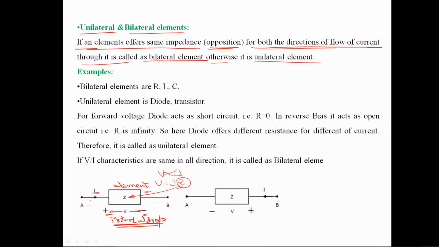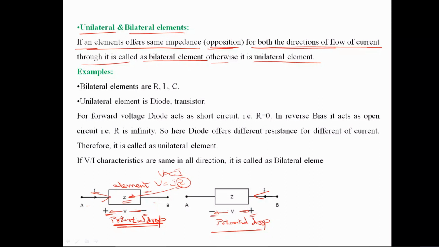Now, in the same circuit, if I allow the current from B to A, like this, whereas earlier we allowed the current from A to B. When we allow the current from B to A, the element offers a potential drop in the given polarity, plus here and minus here.